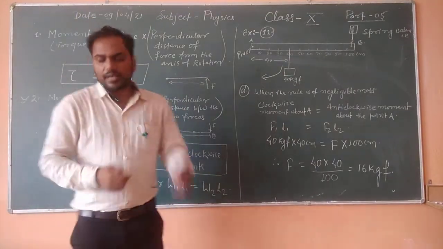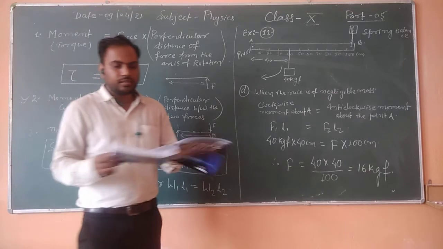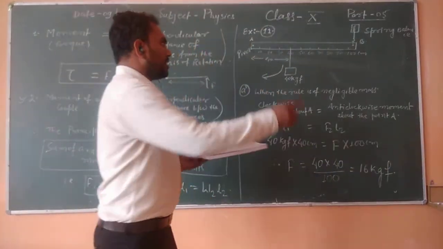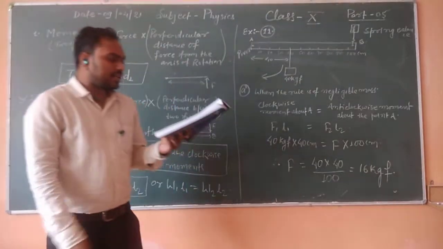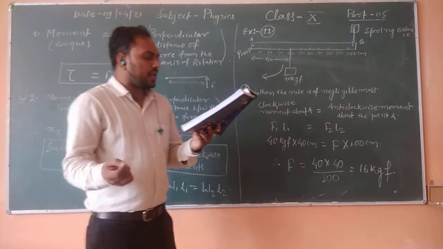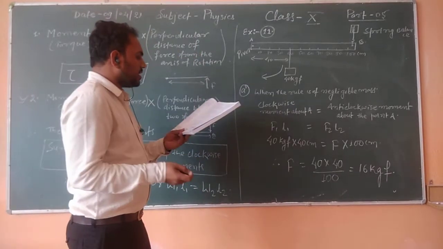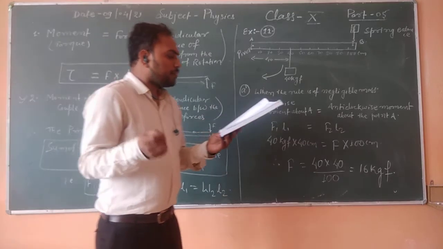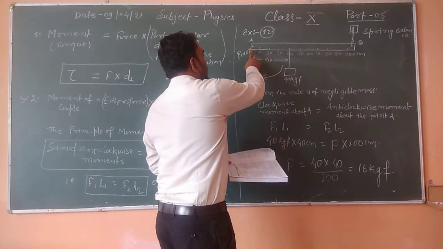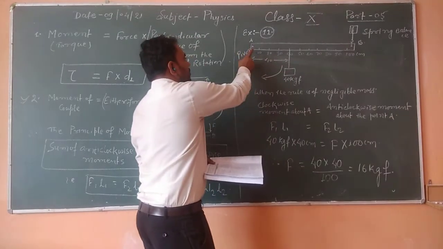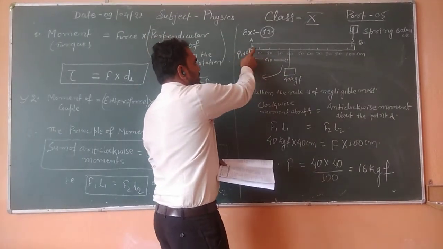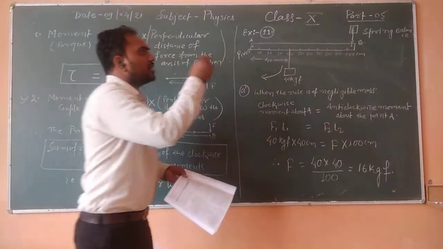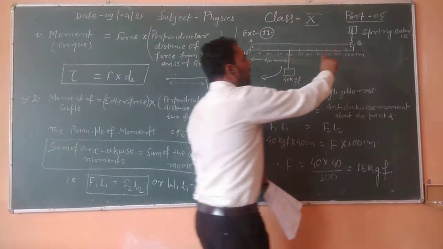In solved exercise, question number 11, it is saying that in the given figure, which I have drawn here, a rule AB is pivoted at its end A at the 0 mark and supported at the other end B by a spring balance. It means AB is a ruler pivoted at point A, at 0, and another point B is fixed with a spring.